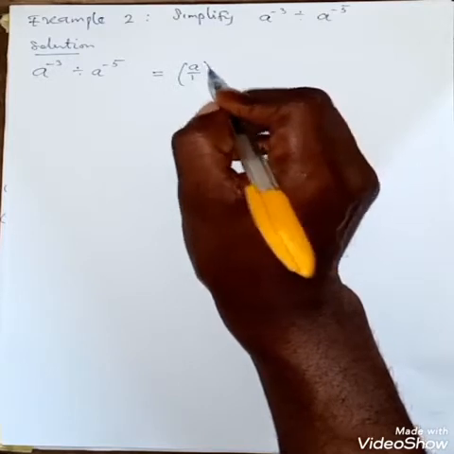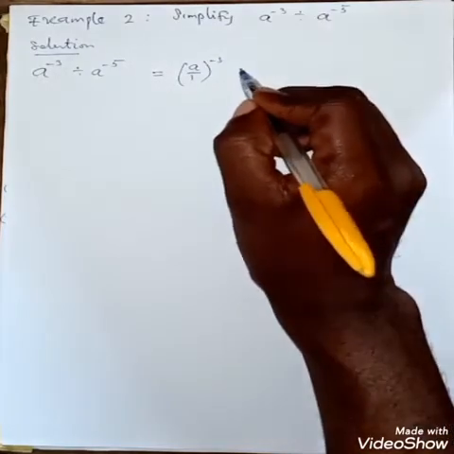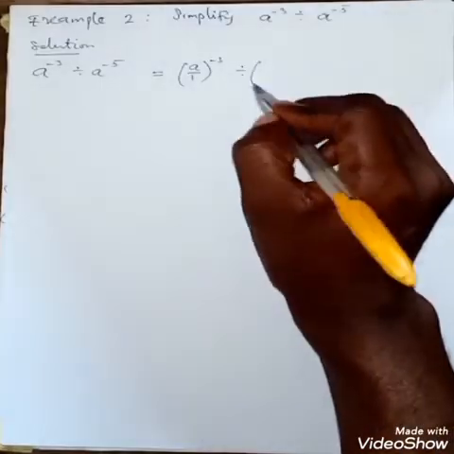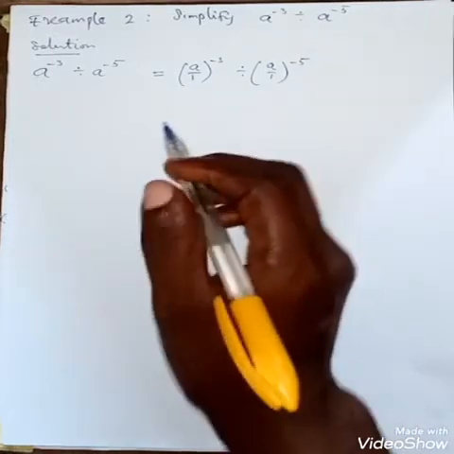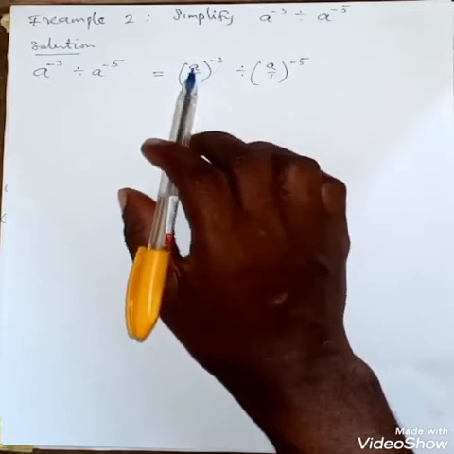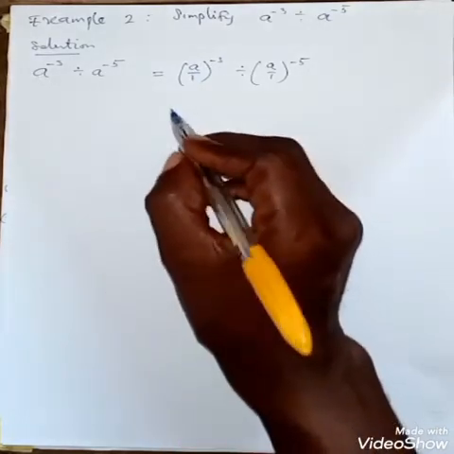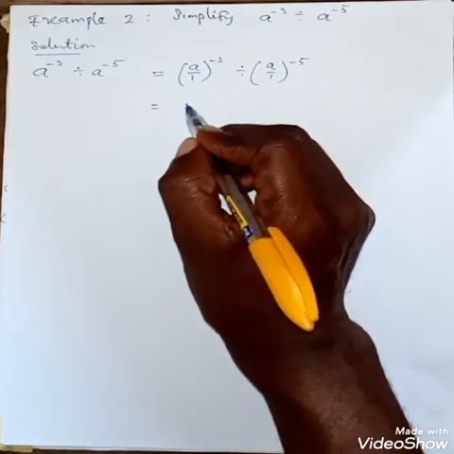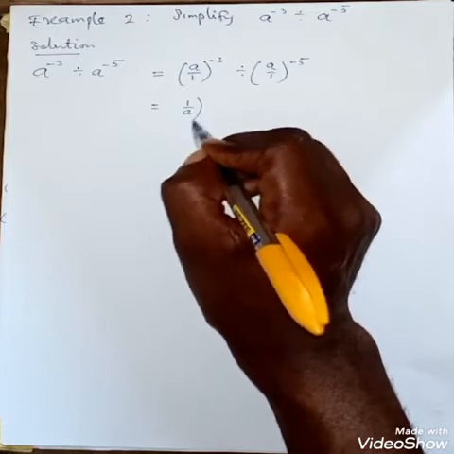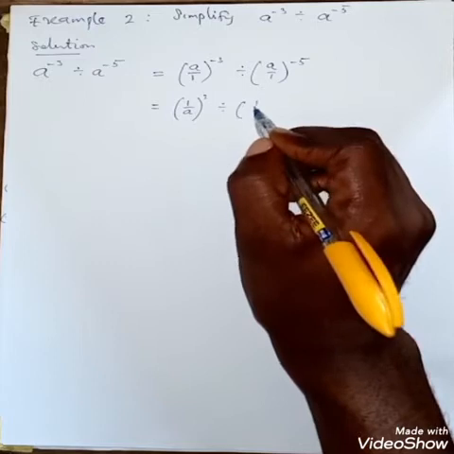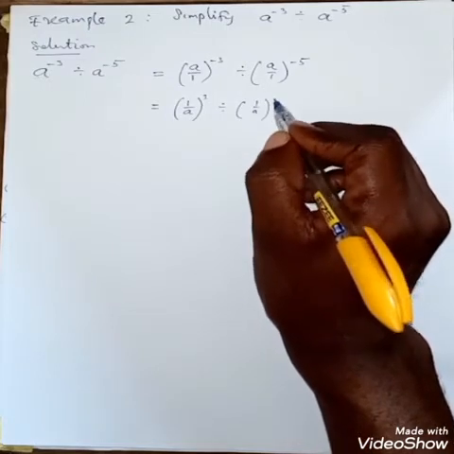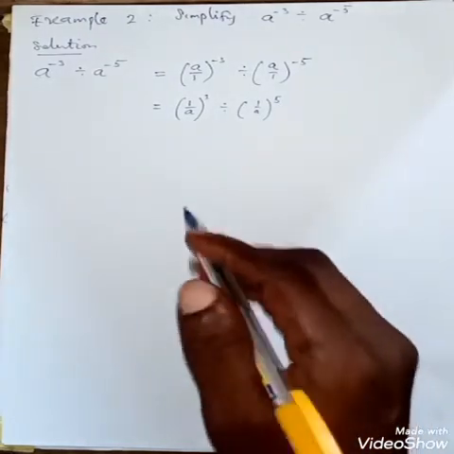A over 1 raised to power minus 3. Then the same thing will happen here, a over 1 raised to power minus 5. Eliminating the negative sign here means I will interchange the position of numerator as well as the denominator. So this one becomes 1 over a raised to power 3 divided by 1 over a everything raised to power 5.